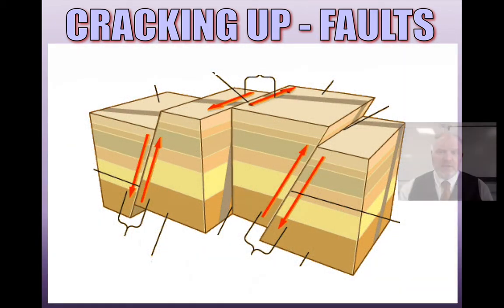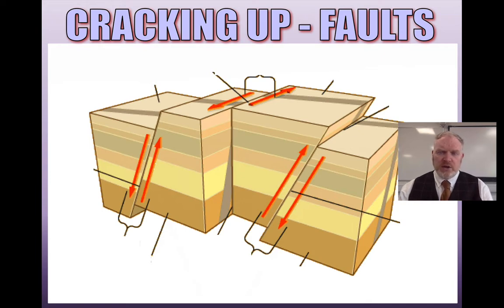On page 6, you've got a diagram like this one. This is a block diagram to illustrate some of the key features of faults. What I want us to do is go through this diagram, which you'll see your version has some labels on it.